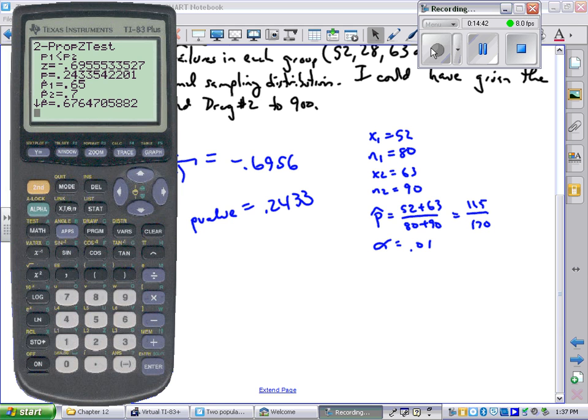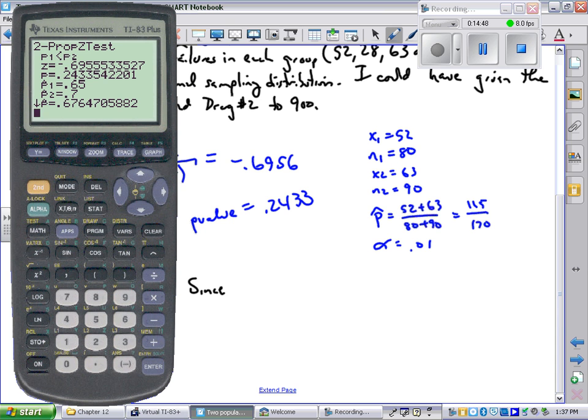So this p-value is pretty big. And since my p-value is so big, in other words, 0.243 is greater than my significance level, I fail to reject H0.